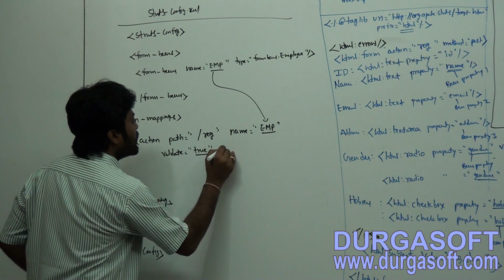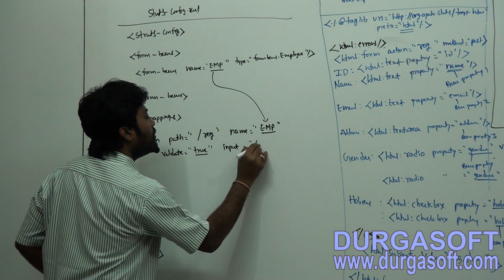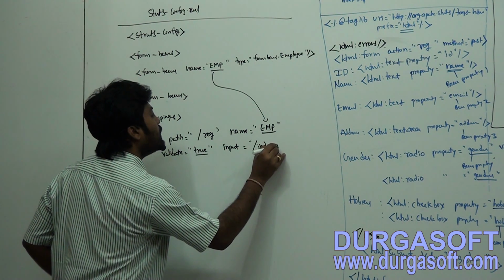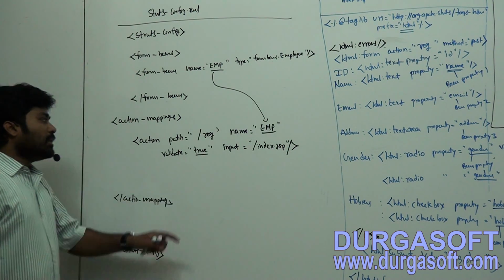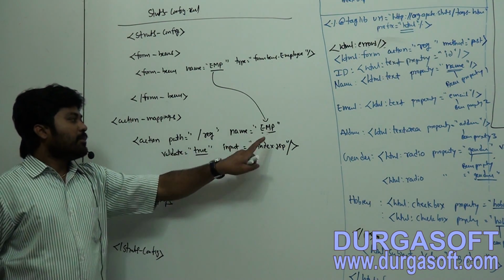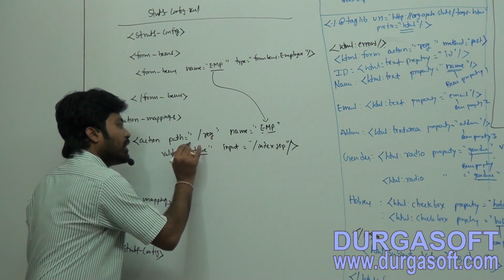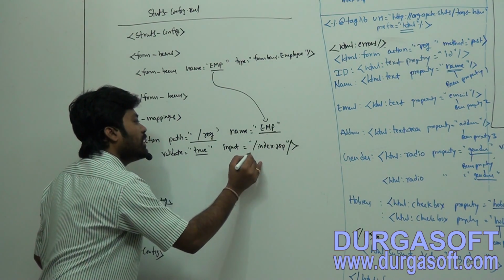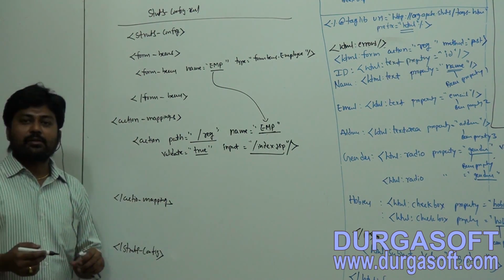So that input form name you should configure here by using the attribute input. The form name is index.jsp. That's it. Now form to bean, then bean to form.